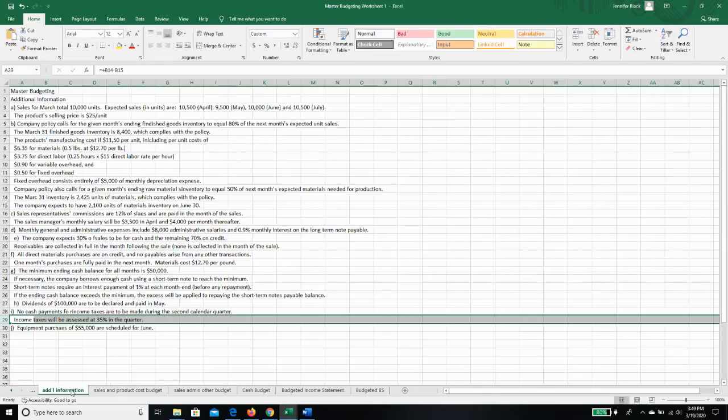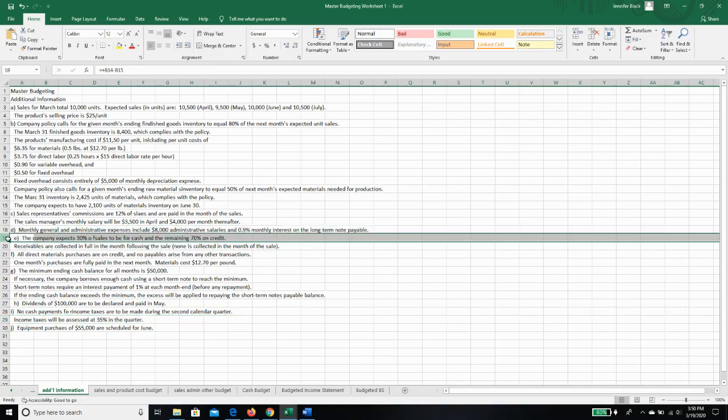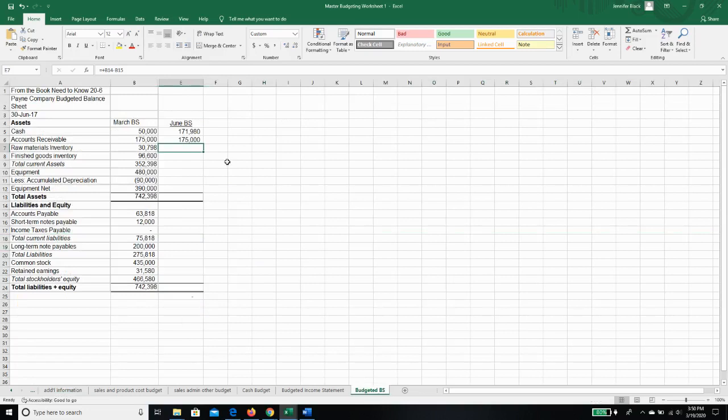Remember, we know that because I'm going to find it right here. It says receivables, 70% is going to be on credit and it's collected in the following month. Okay, so 70% of our June sales is going to be in accounts receivable.